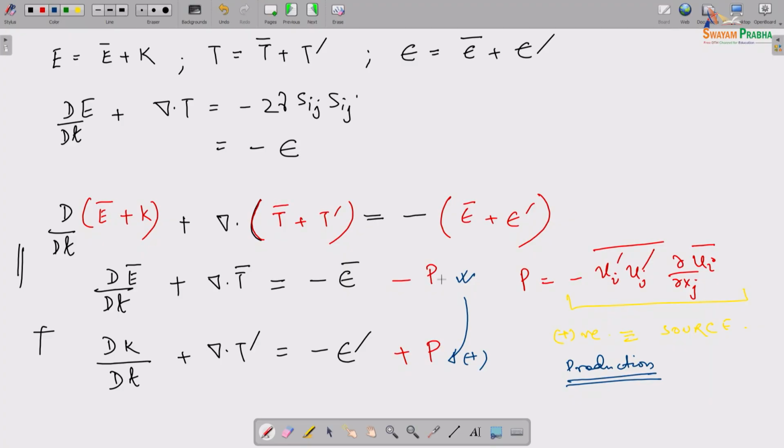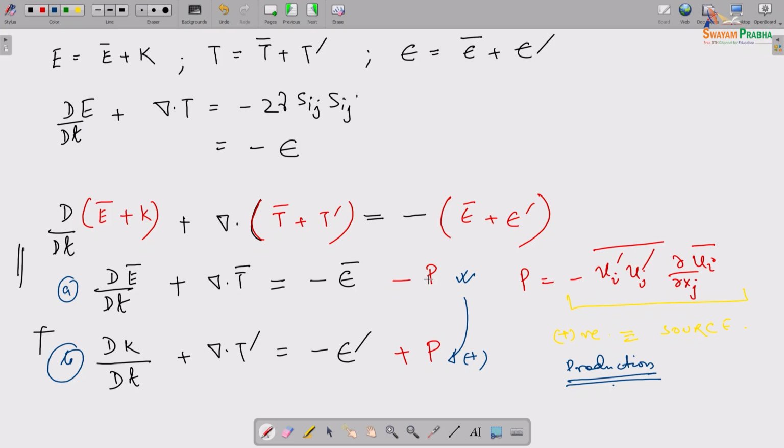Let's call this equation A and this one B. So I take the production P and subtract it from A and add it to B. The A equation is for the mean part of the flow, and the B equation is for the fluctuating part of the flow.